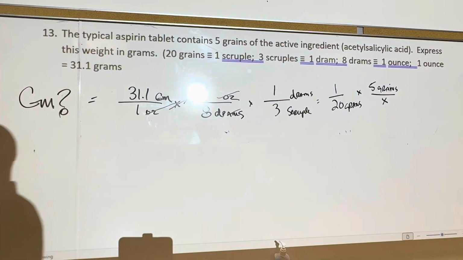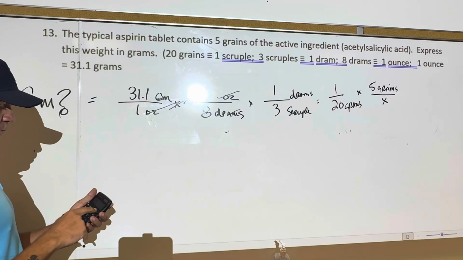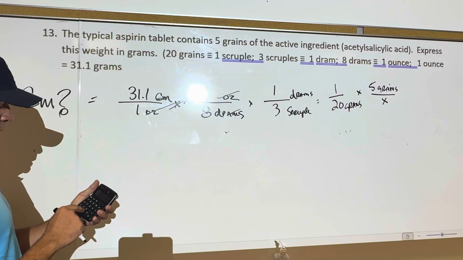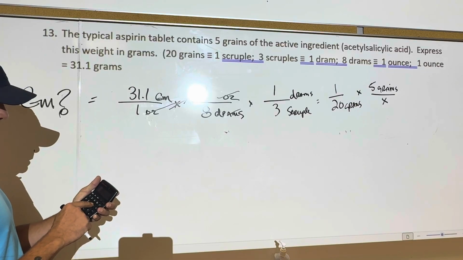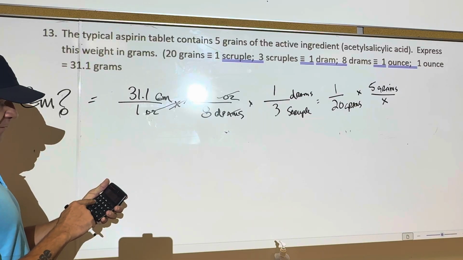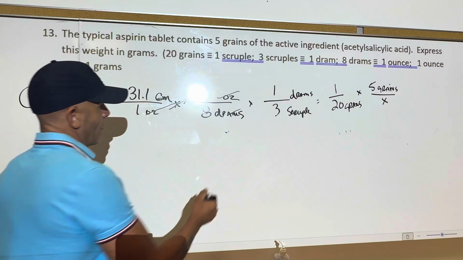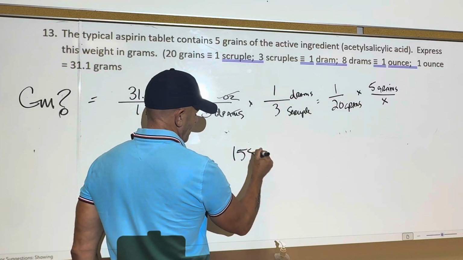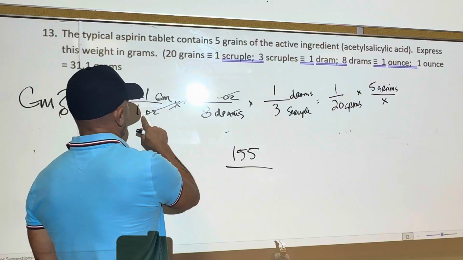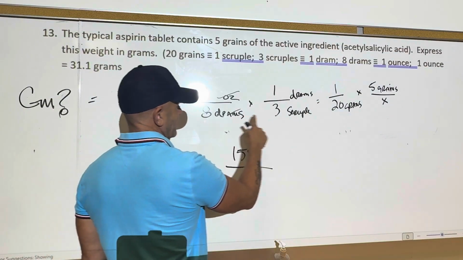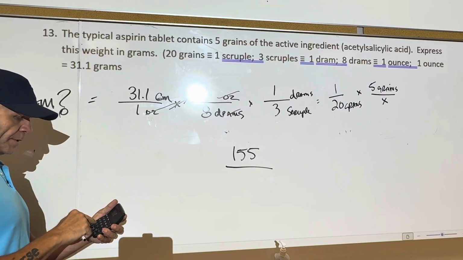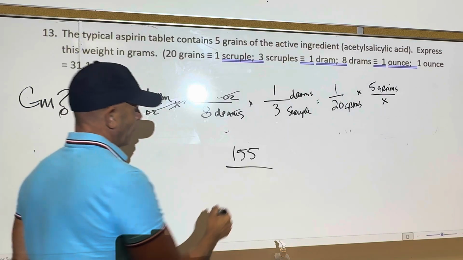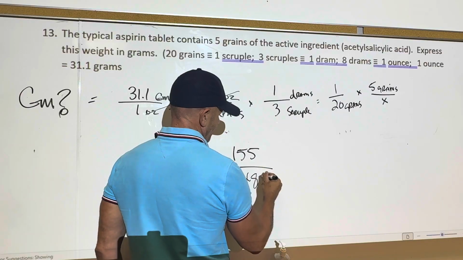What do we do? Same as we did for the rest of them. 31 times 1 times 1 times 1 times 5 equals 155 over 1 times 8 is 8. 8 times 3 is 24. 24 times 20 equals 480.